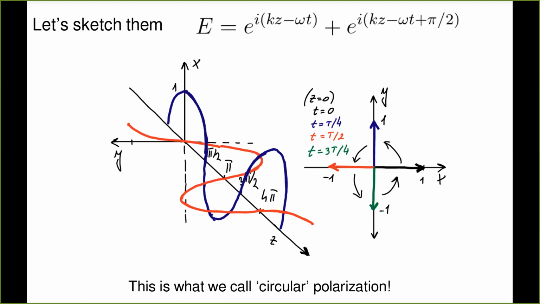So now if you sketch that, in the moment, so for Z equals 0 and T equals 0, your EX is going to be 1, your EY is going to be something complex without the real components, so it's going to be 0. And then as you sketch it for these different moments in time, you're going to see that basically your electric field vector is all the time equal to 1, and it rotates like this.